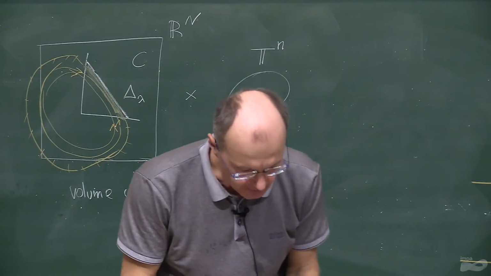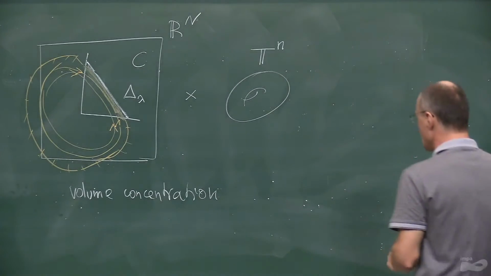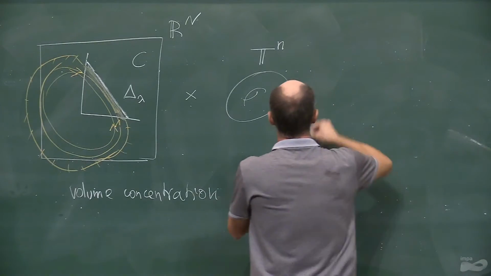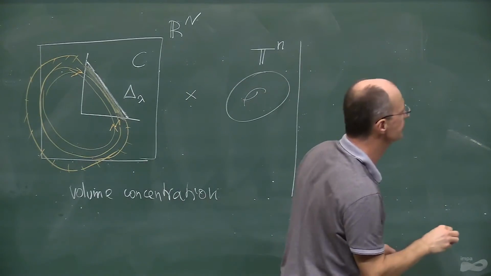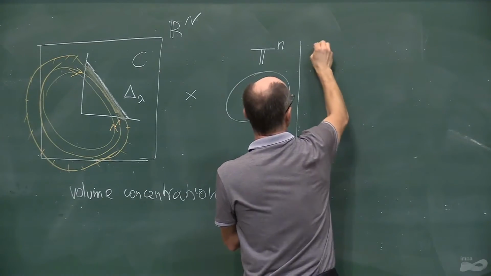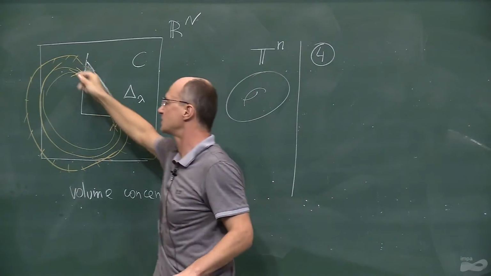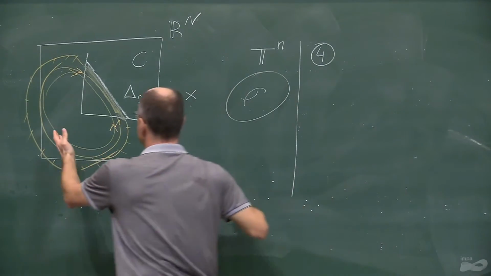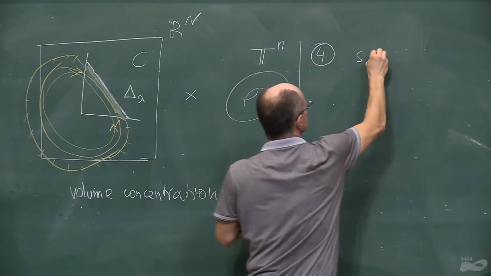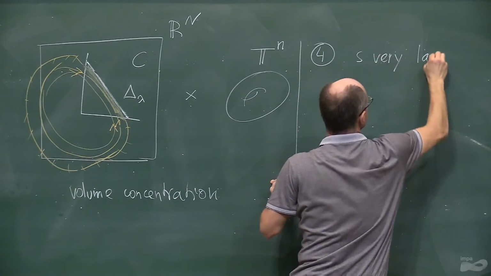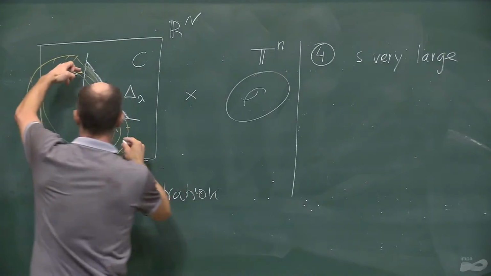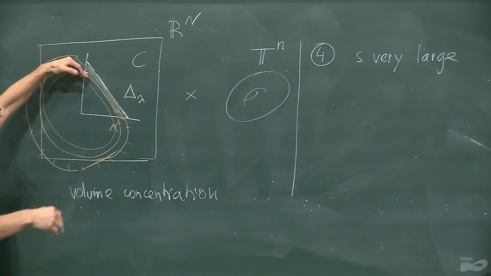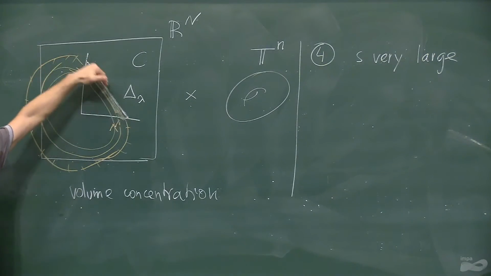Maybe I say one more word on how the proof is completed. This was step 4. And then I'll tell you a little bit more about the construction of the cone. So essentially, with S very large, you get this portion of the symplectic leaf which is very close to this tropical leaf.